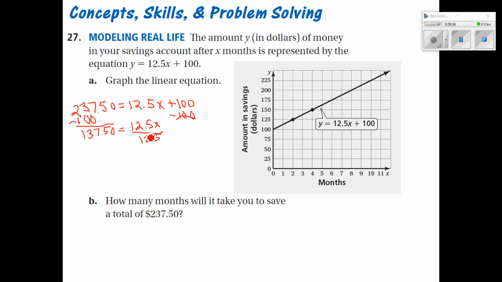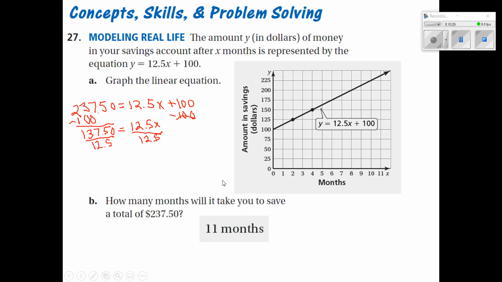Right now, 12.5 is being multiplied to x, so I need to divide it away. And whatever I divide from one side, I'll divide from the other. I'm thinking it's probably going to be about maybe 11. Just guessing here, but let's go ahead and see what the answer reveals. It is 11 months. Very good.